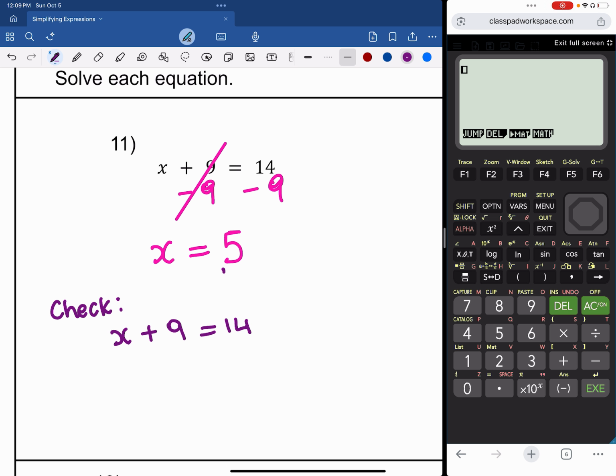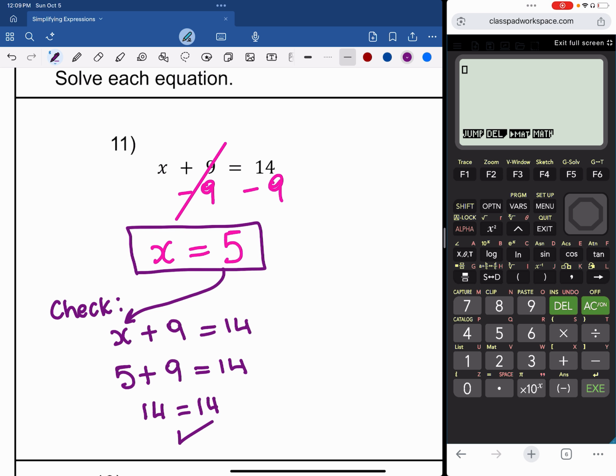So if we substitute 5 for x, we have 5 plus 9 is equal to 14. 5 plus 9 is indeed 14, so 14 is equal to 14. This is a true statement. So we know that our answer x equals 5 is absolutely correct.